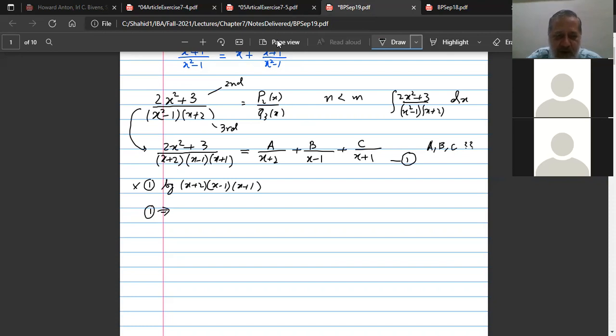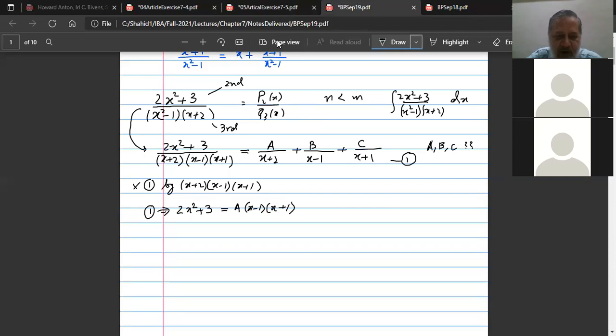Denominator throughout cancel. 2x square plus 3 is equal to a times... When I multiply this term with these three factors, x plus 2 factor will cancel out, but x minus 1 and x plus 1 survive that are multiplied with a.